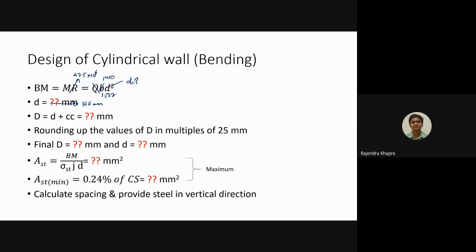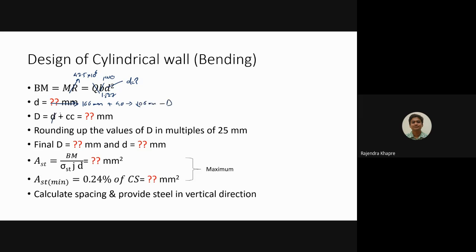Since this is 166 and the wall is in contact with water, we have to provide some greater cover. Usually we provide 25 mm, but since it is in contact with water, we can go up to say 40 mm. So this is going to be 206 mm, the total depth required.